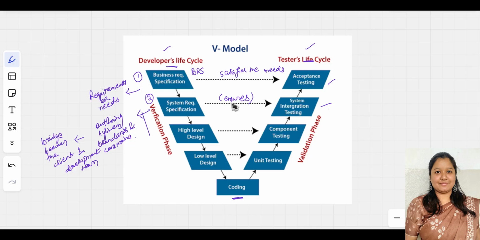So moving on to your third phase or stage, known as high level design. This phase focuses on the overall system architecture. The high level design phase focuses on the system architecture instead of detailed coding logic.